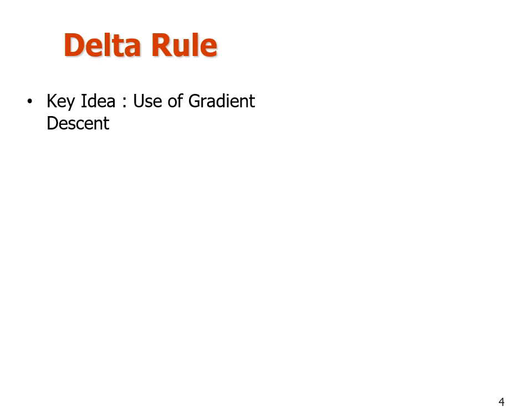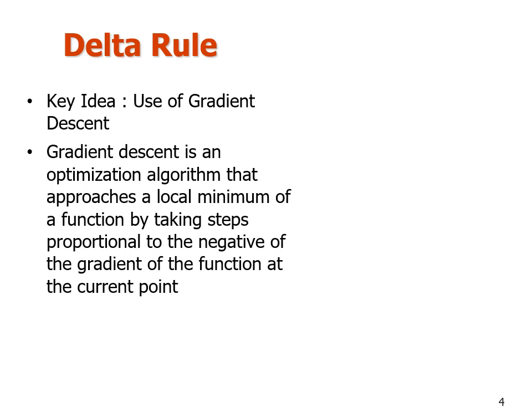Thus, gradient descent is an optimization algorithm that approaches a local minimum of a function by taking steps that are proportional to the negative of the gradient of the function at the current point.